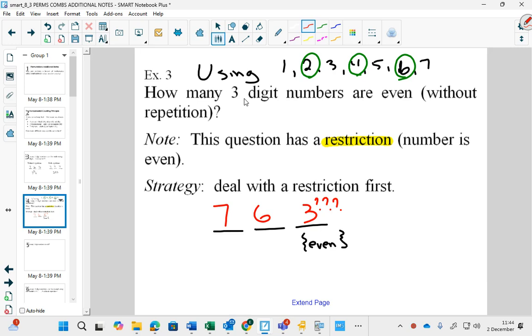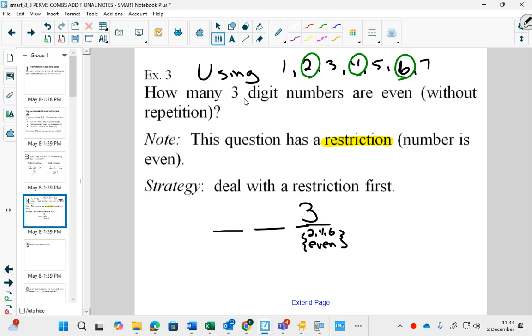So what we do instead, what will make sense and what this strategy is, if you have a restriction, underneath that decision, write your restriction. Sometimes it's even nice to write out your choices. And if you deal with that first, the first thing I'm going to do is pick either the 2, the 4, or the 6 to be here. Guarantees that any of those numbers could be there.